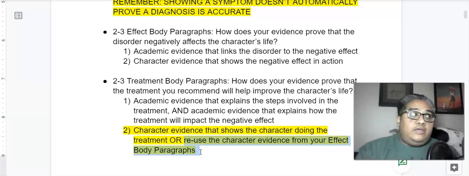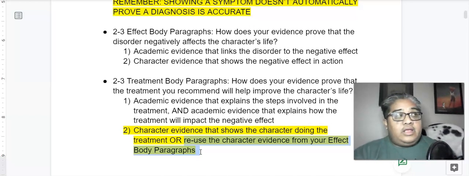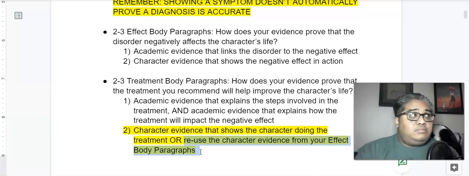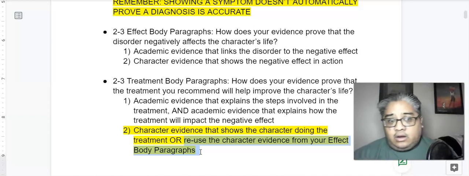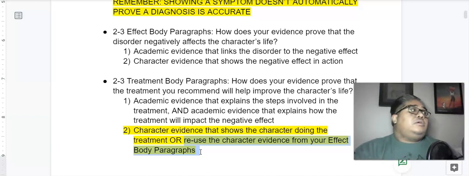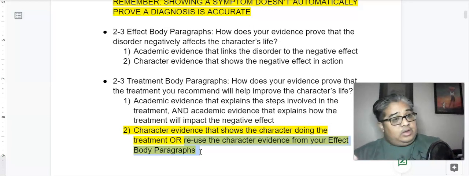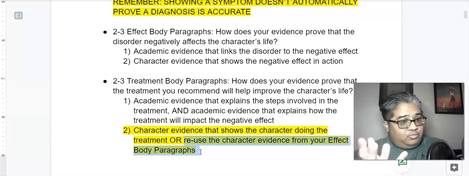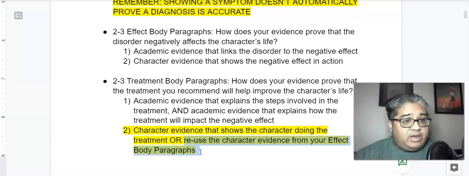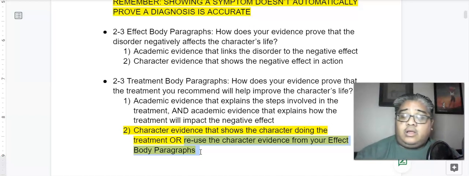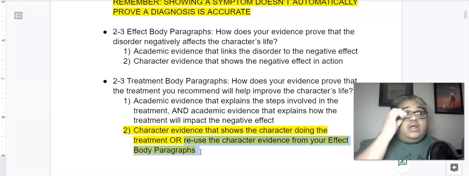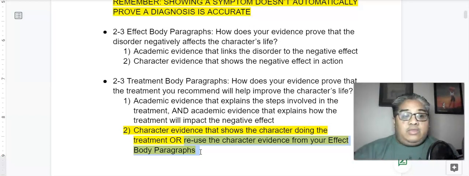So if it's a scene where a character abuses their significant other, you can then say, here's one way that the character's life is negatively affected by the disorder that they have. If they were to take medication, in this scene, maybe they would be less abusive or not abusive at all to their significant other.